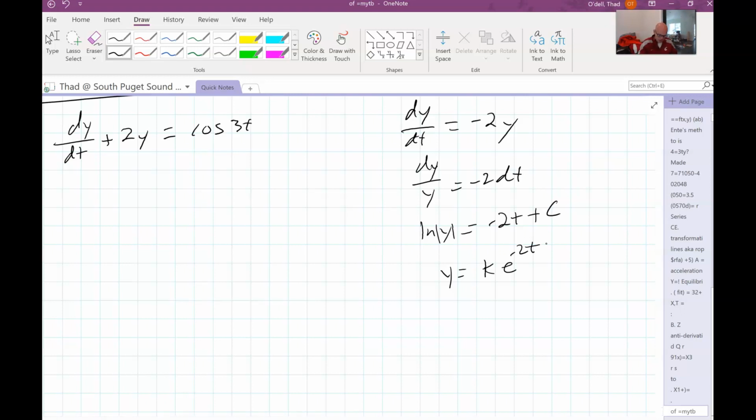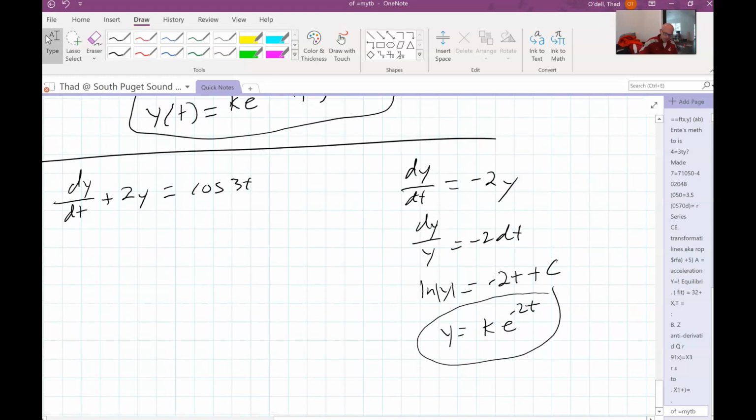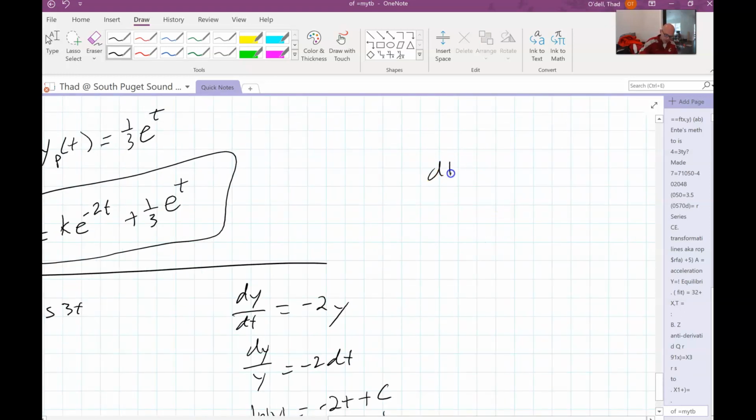And I say that jokingly because the one we just did had the same one, but also because this can happen every time if we're just solving something involving t times y. So this type of equation, dy/dt equals a of t times y.